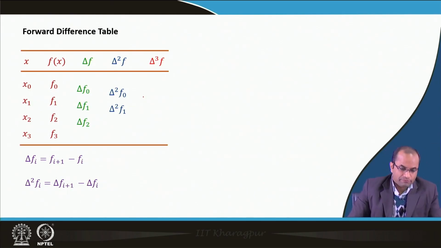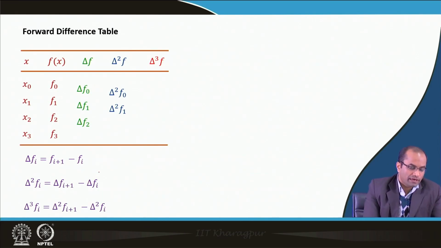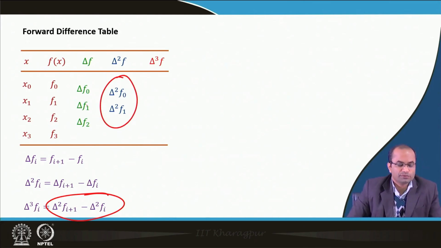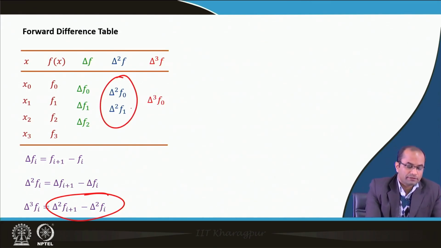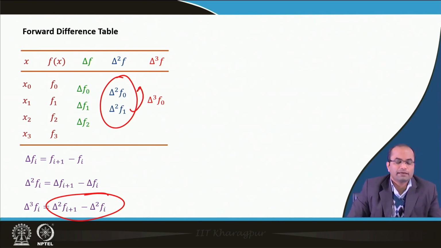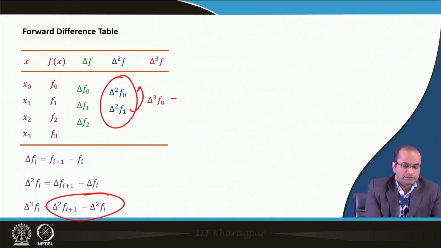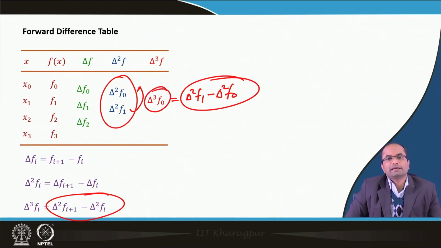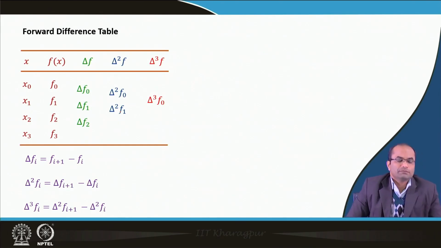And similarly, when we go for the third order, again we have to use the same thing. We already have the values for these delta 2s, and then we can go for the differences again, and we can get delta 3 f 0, that means delta 2 f 1 minus delta 2 f 0. So, this difference here will give delta 3 f 0. So, it is very easy to construct this difference table.